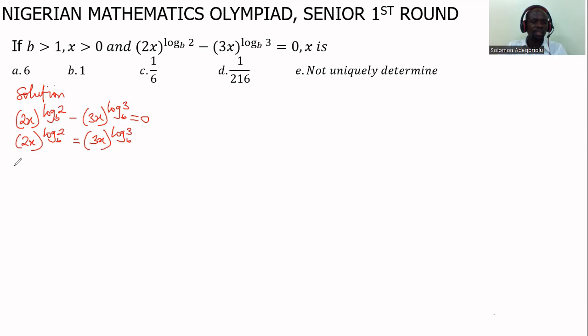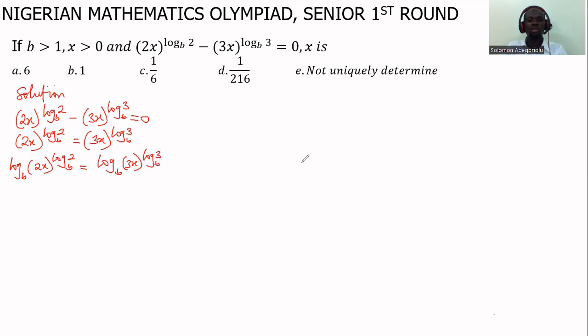And that is going to give us log base b, of course, of the same base, we have 2x to the power of log 2 base b, which is equal to log base b of 3x to the power of log 3 base b.